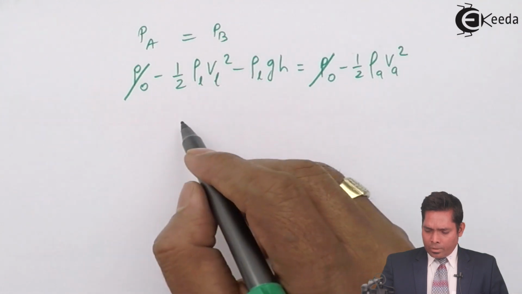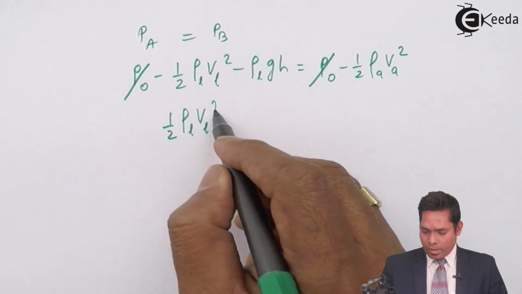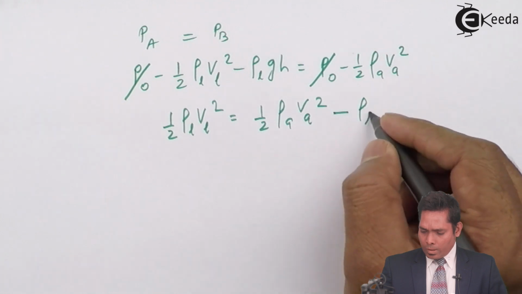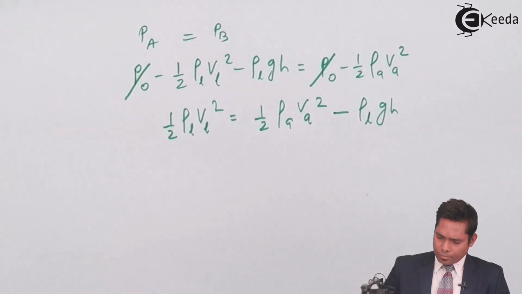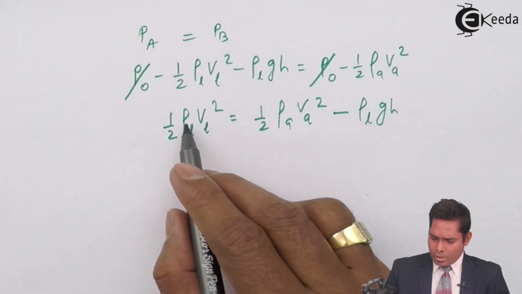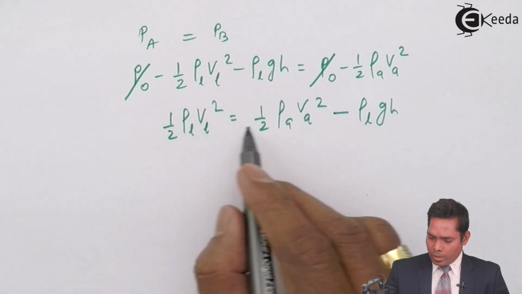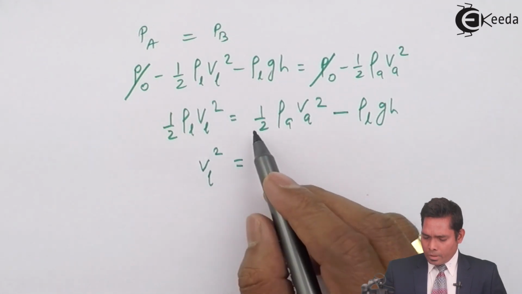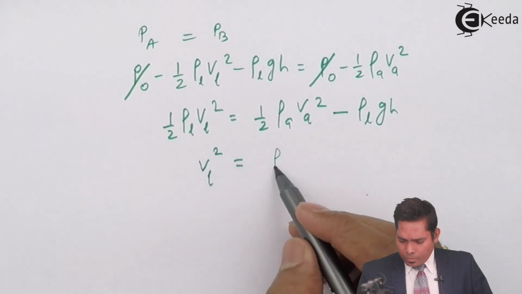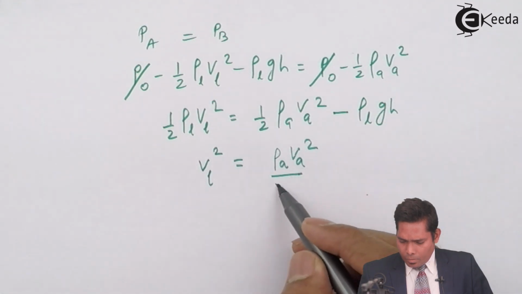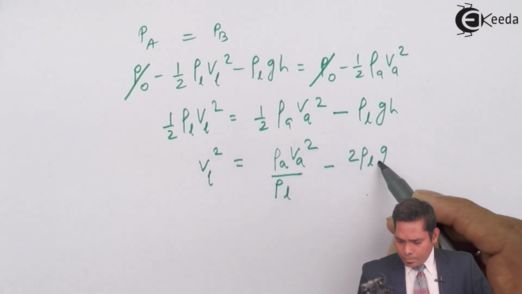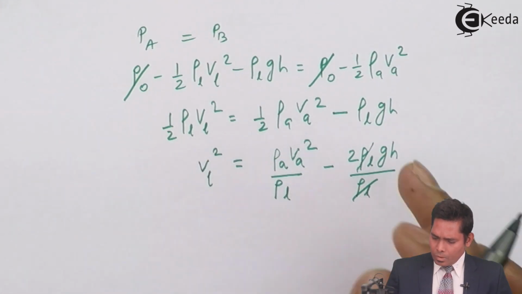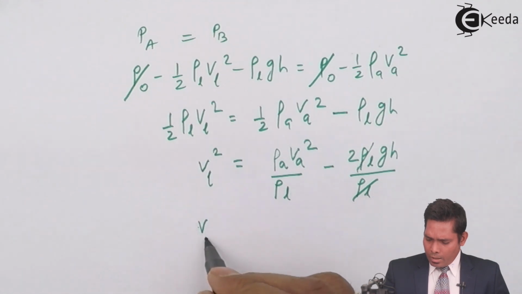This VL will come to that side, so half rho L VL square is half rho A VA square minus rho L G H. If I divide by 2 and by rho L, because I want to eliminate this, the VL square becomes 2 rho A by rho L, minus 2 G H.